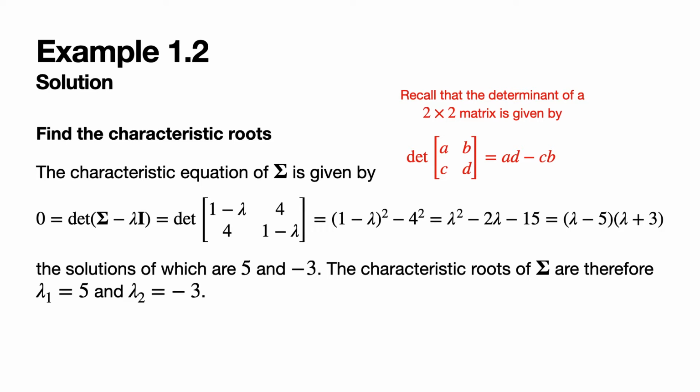Now the solutions of the characteristic equation are 5 and negative 3. And so the characteristic roots of cap sigma are therefore lambda 1 equal to 5 and lambda 2 equal to negative 3. Now you'll recall that the convention we use is that lambda 1 is always going to be the largest characteristic root, lambda 2 the next largest, and so forth.